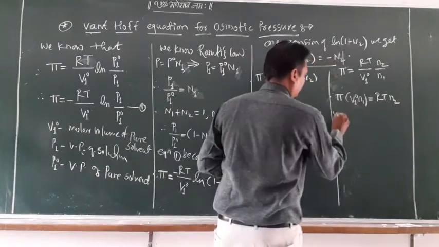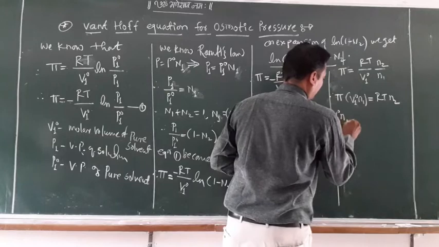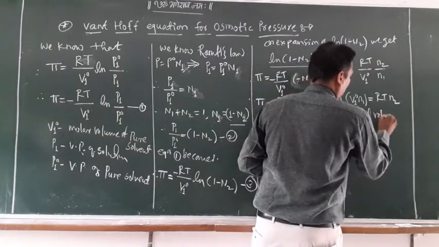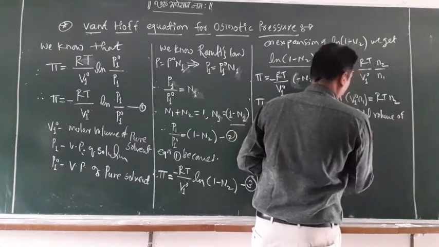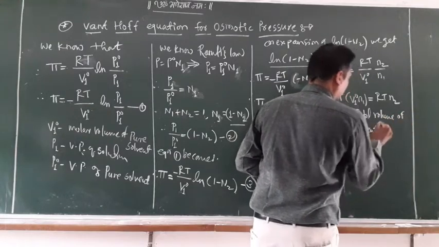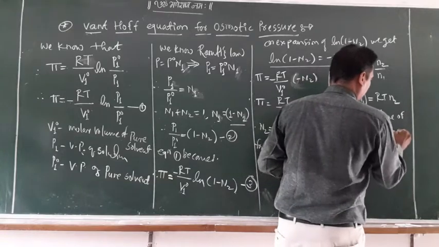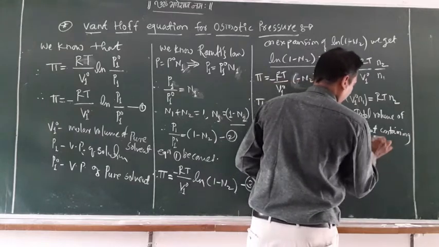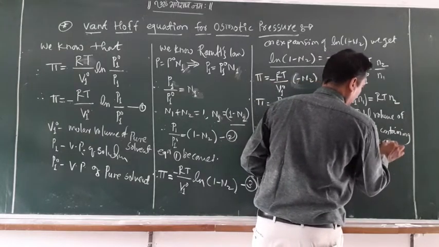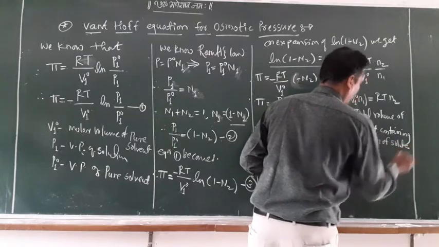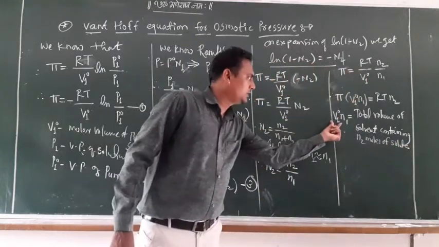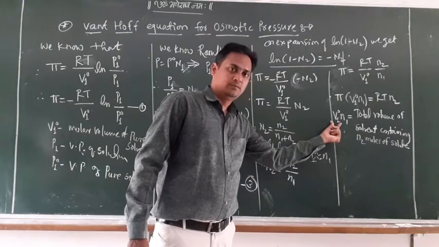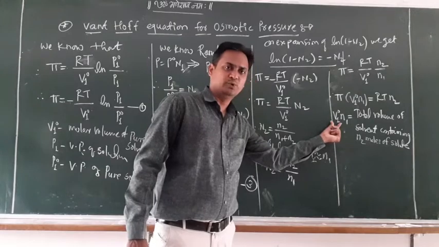So this V1 naught into n1 is the total volume of solvent containing n2 moles of solute. V1 naught is the volume of pure solvent, or molar volume of pure solvent.